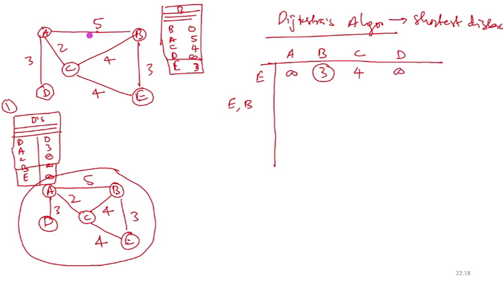If you want to go from B to A, it takes 5, and from E to B it is 3. So 3 plus 5, that is 8. So 8 is less than infinity, so here the weightage now will be 8. Next, this one is already fixed, so it will be the same.